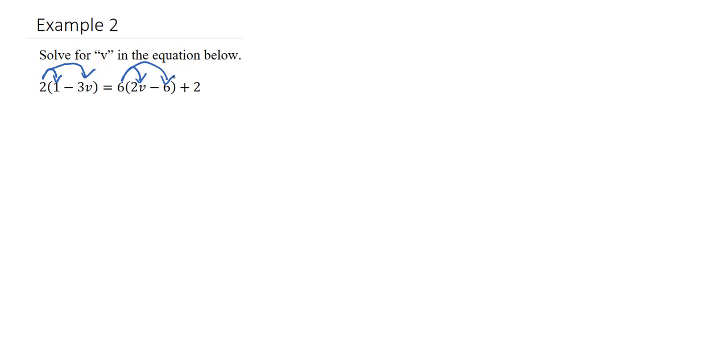So let's go ahead and work that out. So the first one is 2 times 1, so that's just 2. Then we have 2 times this 3v, so that's 2 times 3, so that's 6v, which is equal to 6 times 2v, so that's 12v, and then 6 times negative 6, so that's 36.